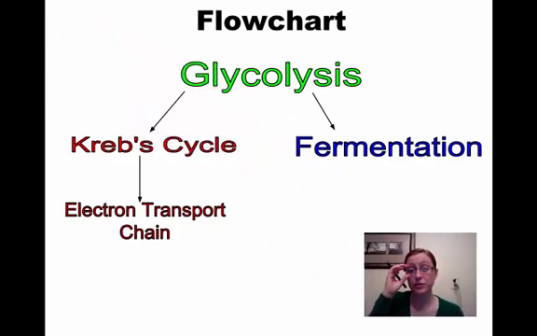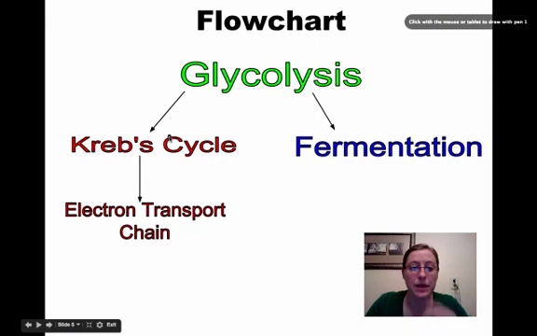So here is a flowchart overall of what is going to happen, and I just want to annotate this, and I think it's important for you to as well. Okay, so we're going to start with a process known as glycolysis, and glycolysis is the first breakdown of glucose, so the first step in the chain. But then we have two different options, and the options here are going to depend on the availability of oxygen.